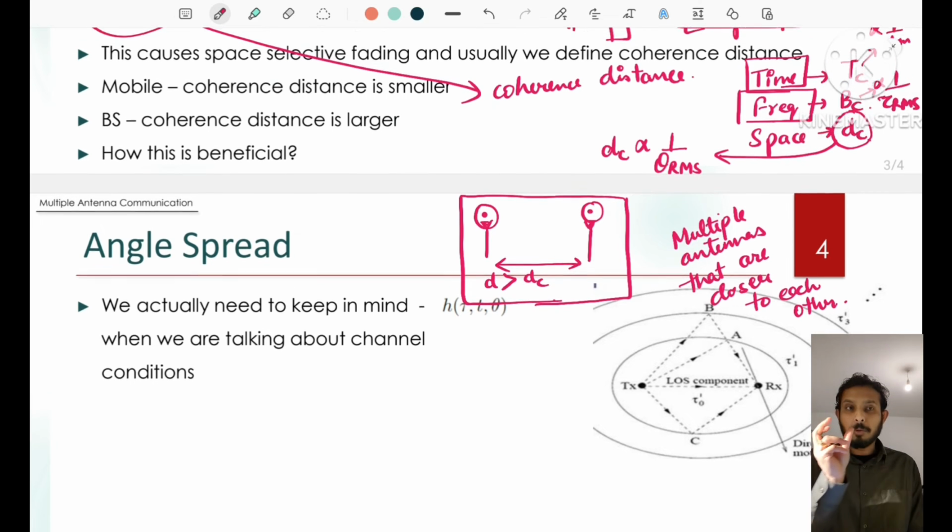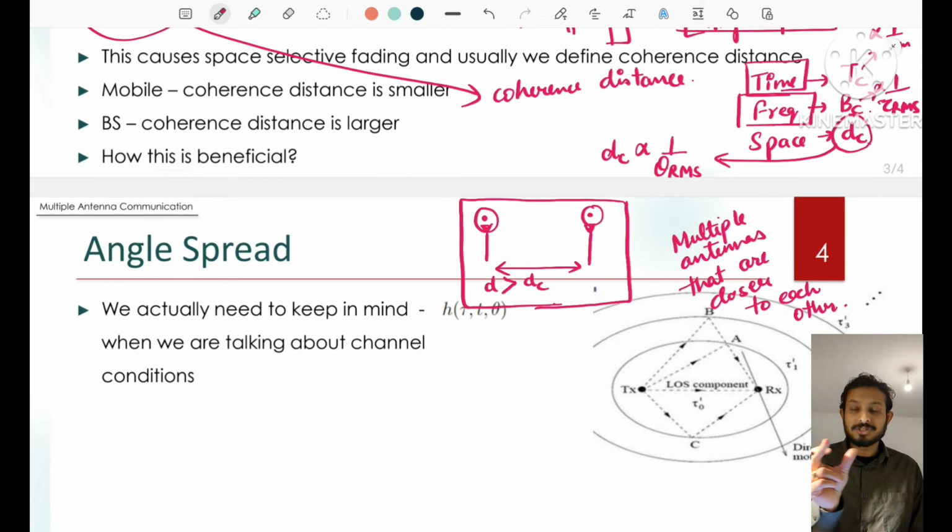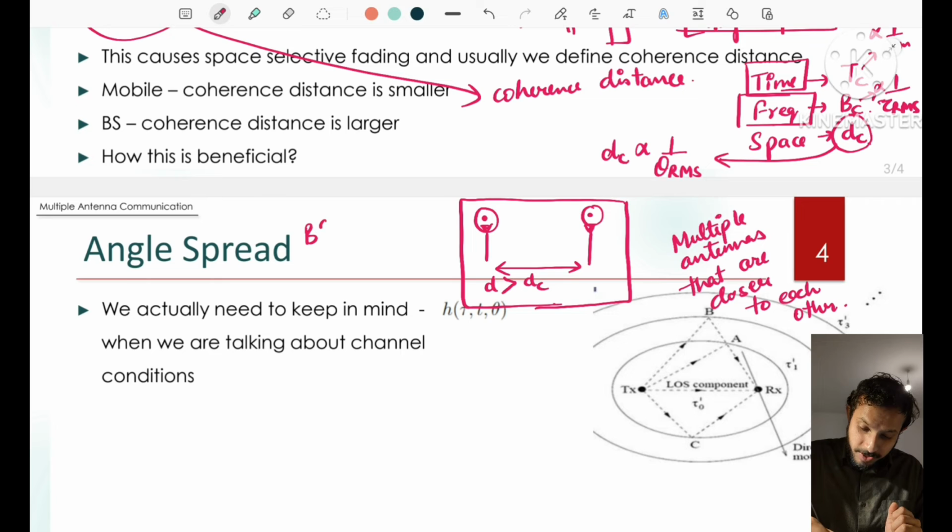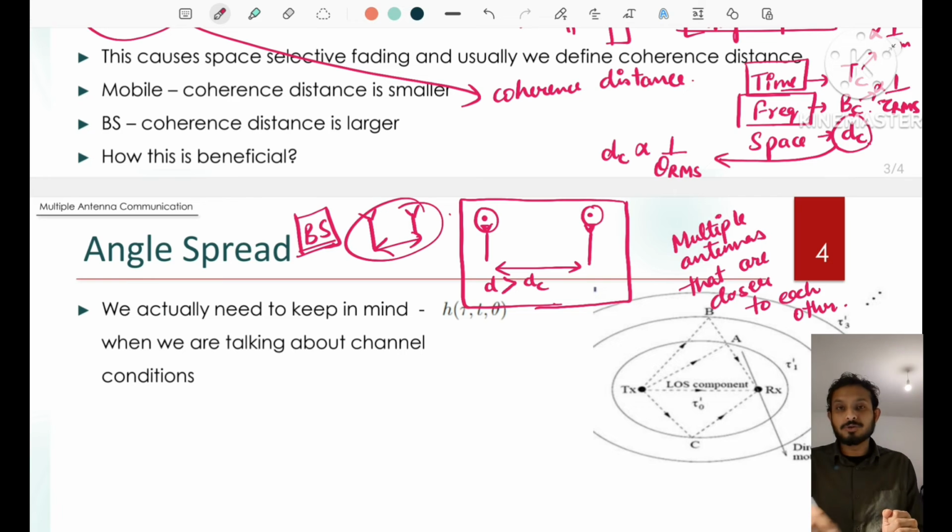That means if we have a mobile that is 5.1 or 6.1 inch and the coherence distance is very small because it is a rich scattering environment, we can place two antennas very close to each other inside the mobile receiver. However, in case of base stations, the two antennas are sufficiently far apart from each other compared to the mobile, because we do not have many scatterers around the base station.